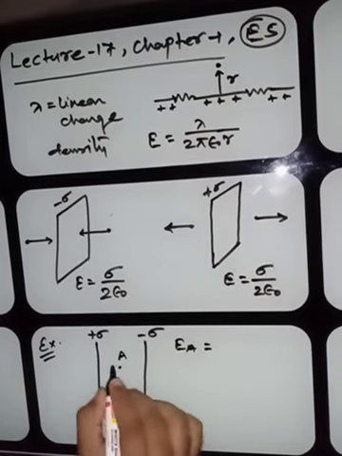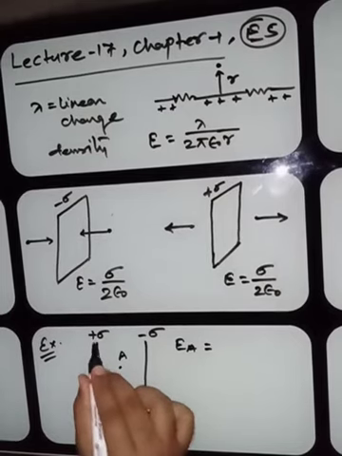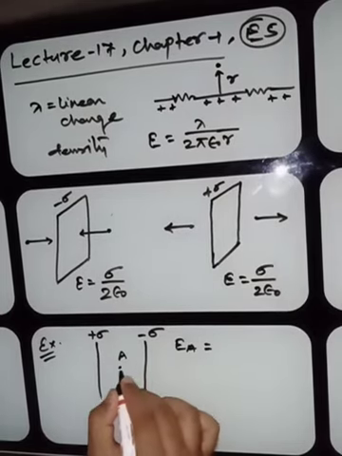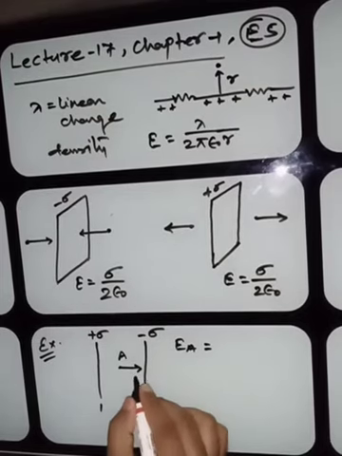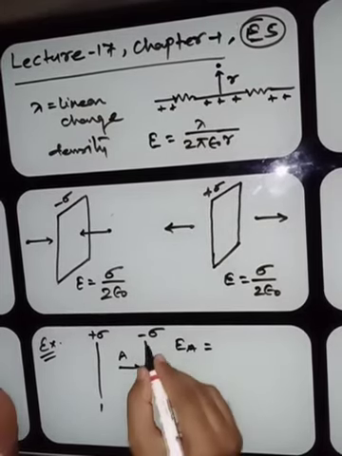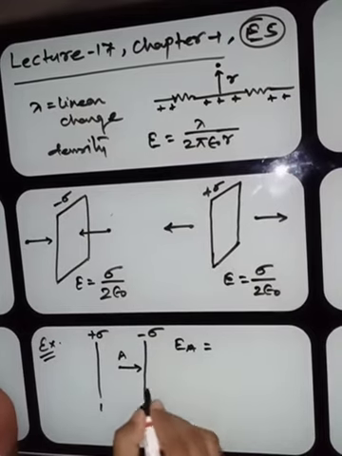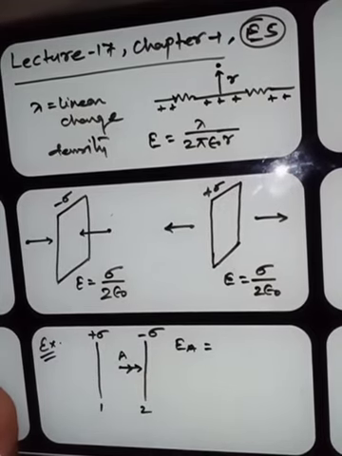Due to plate 1, the positive charge, as we have studied, the electric field will be away in this way. Due to the second plate, the electric field will be towards it, in the same direction.